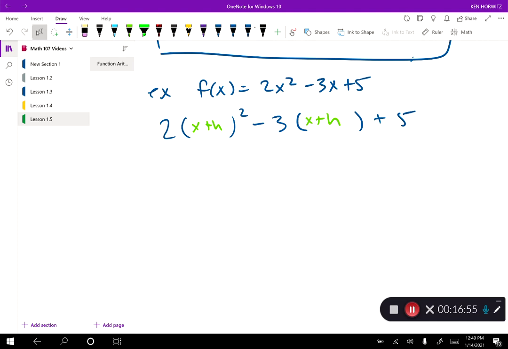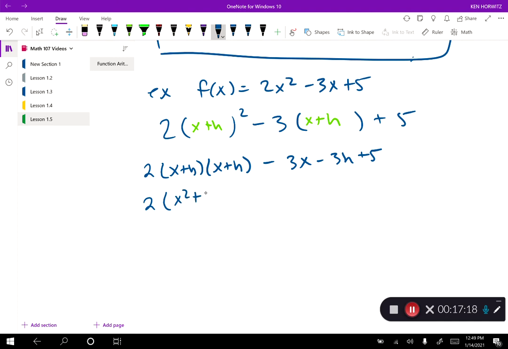And now basically I'm going to do a little bit of algebra to make this just a little bit more simple. So I have 2 times x plus h squared minus 3x minus 3h plus 5. Then I'm going to do the FOIL here. So I have 2 times x squared plus 2xh plus h squared. I definitely encourage you to check my work.